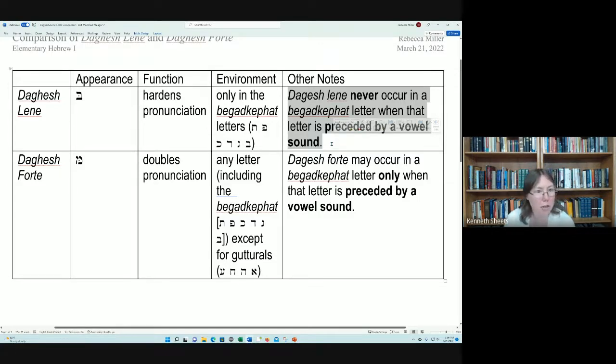So the dagesh lene will occur in a begad kafat letter when the begad kafat letter occurs at the beginning of a word and that particular word is not preceded by any other sound, or when the begad kafat letter is preceded by a consonant sound.